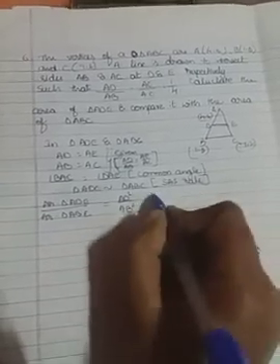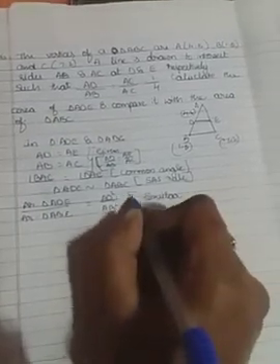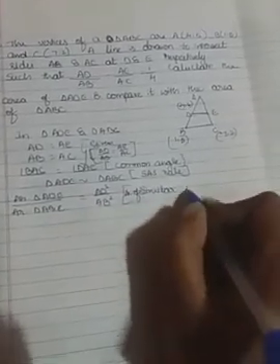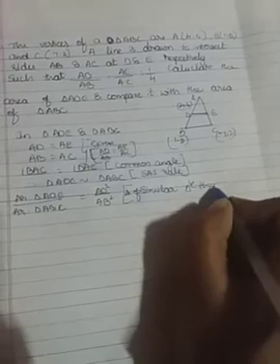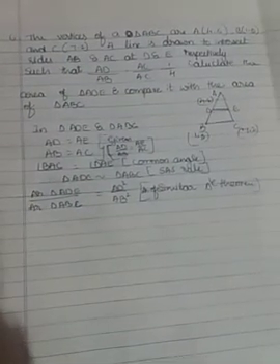Recall the area of similar triangles theorem. Here two triangles are there, and both are similar.